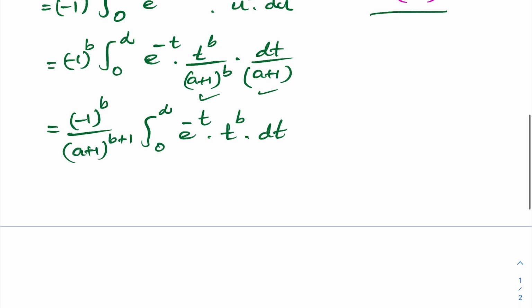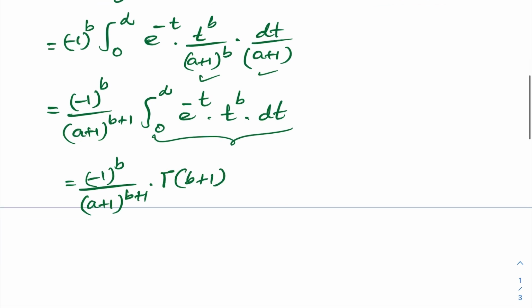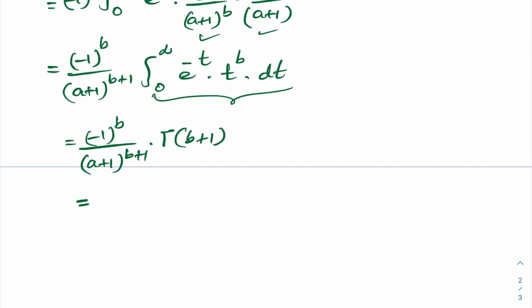Now this is familiar to us because we know this is equal to the gamma function. So here minus 1 to the b over a plus 1 raised to the b plus 1 times gamma of b plus 1, and gamma of b plus 1 we know is b factorial, so minus 1 to the b times b factorial over a plus 1 raised to the b plus 1.